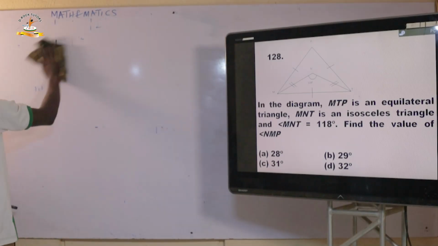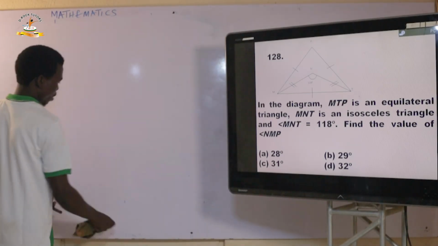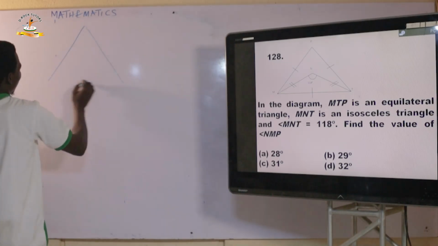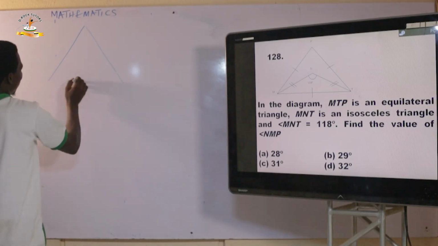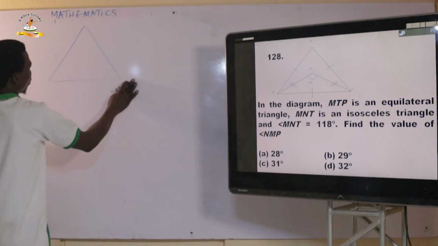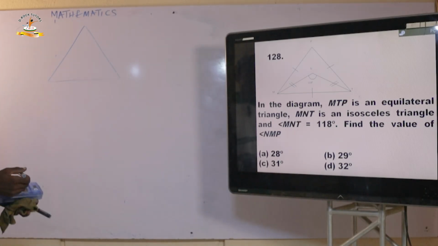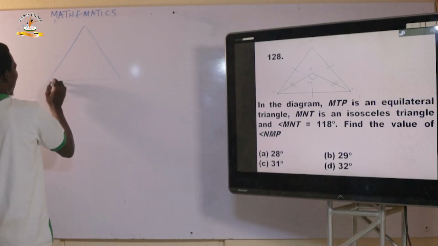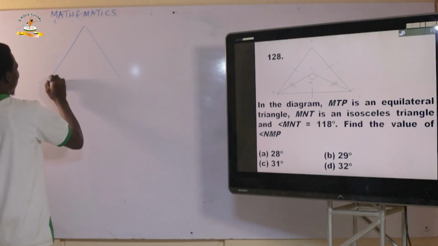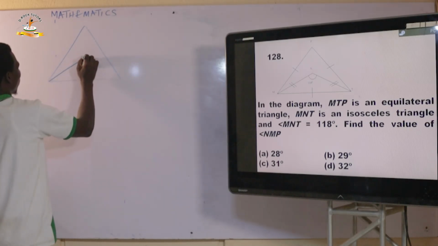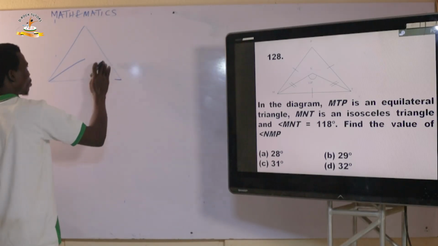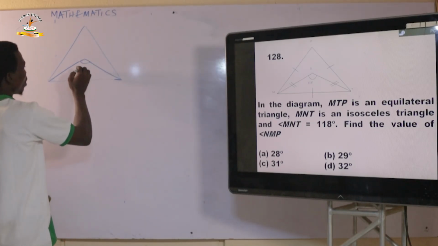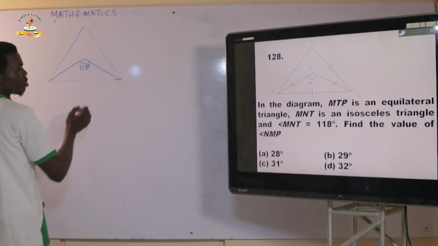So let's draw that out and see how we can figure that out. We have an equilateral triangle, and inserted in it is an isosceles triangle, which subtends an angle of 118 degrees.